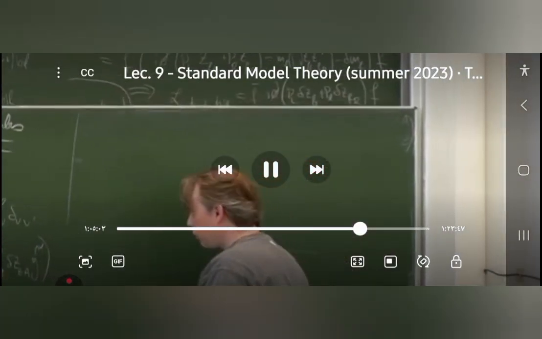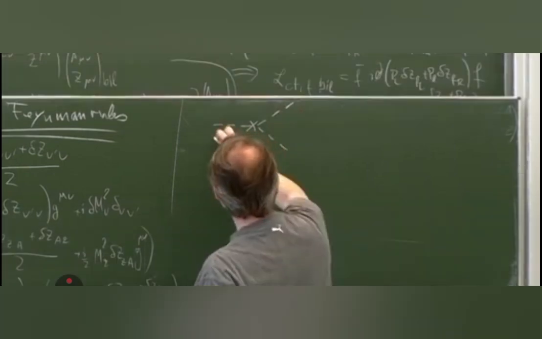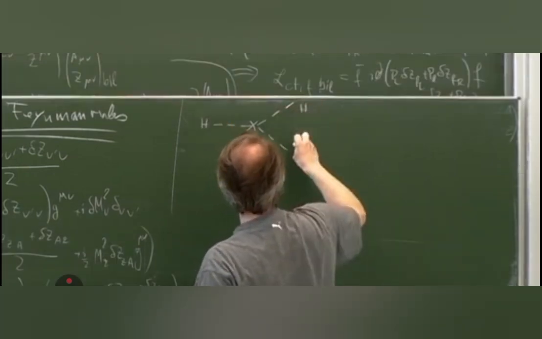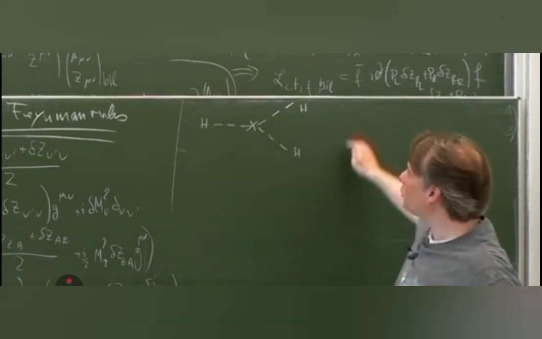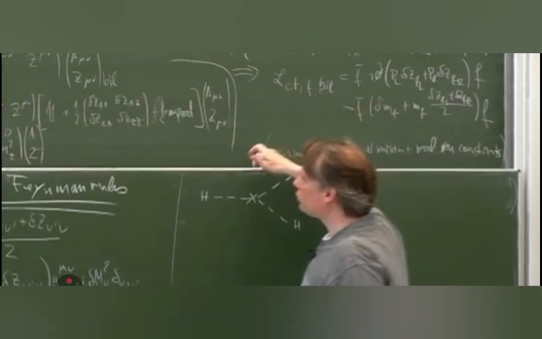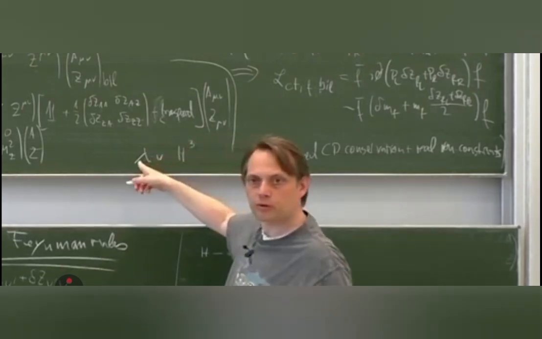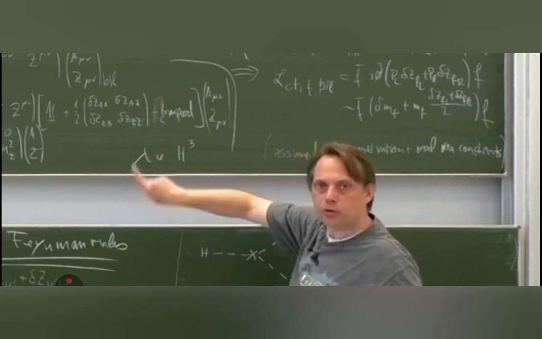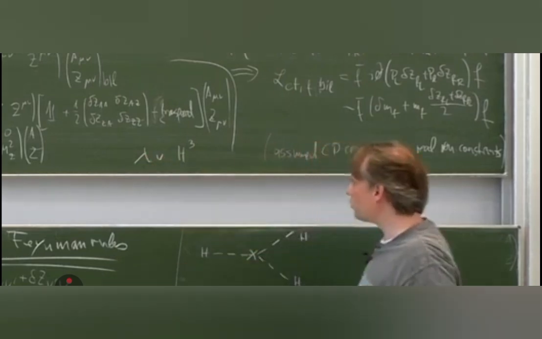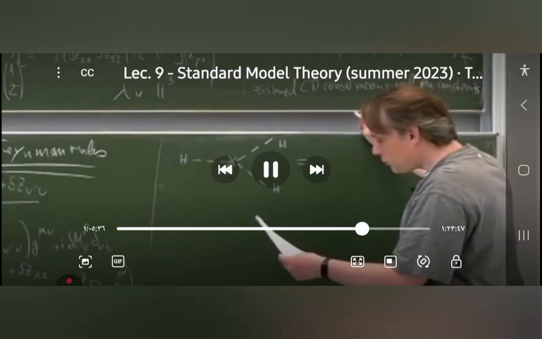Then let me add also the triple Higgs counter term, Higgs, Higgs, Higgs. That comes from this term in the Higgs potential, which we have not fully worked out. But you remember that there was this term lambda times V times H cubed. That is what we wrote down. And I told you that lambda and V need to be replaced by those longer expressions, and they need to be renormalized. Let me now write down the result that comes out of that little calculation.